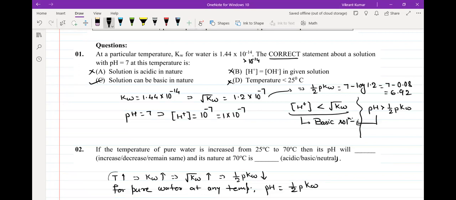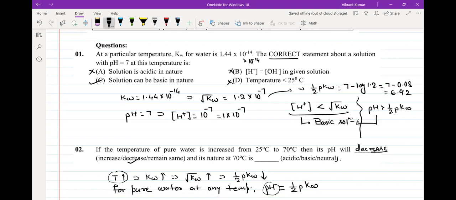That means if you are increasing the temperature, pH of pure water will decrease, not increase. H plus will increase, or we can say root Kw will increase, but half pKw will decrease, and that's why pH will decrease. So we'll write this will decrease.